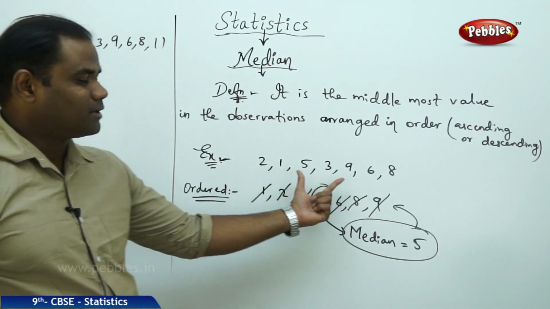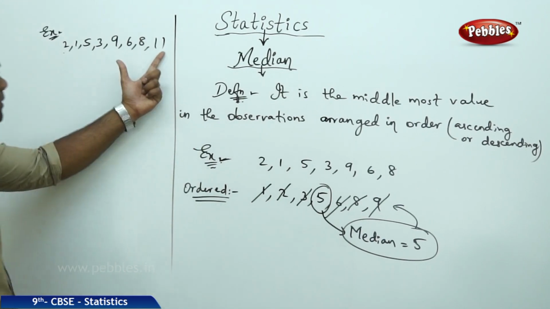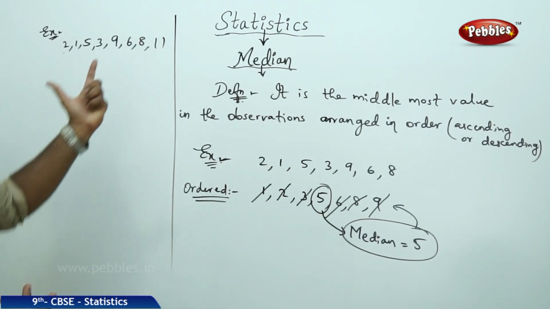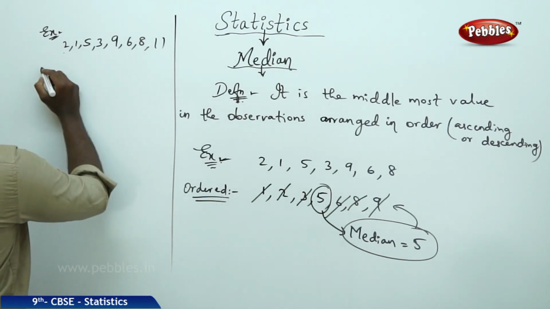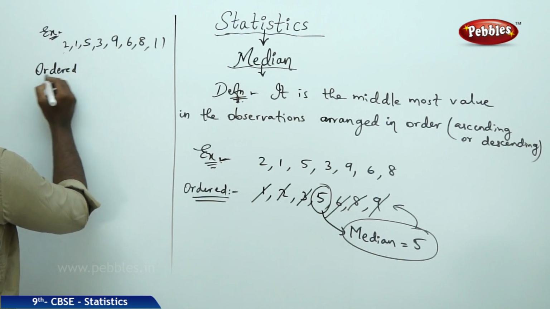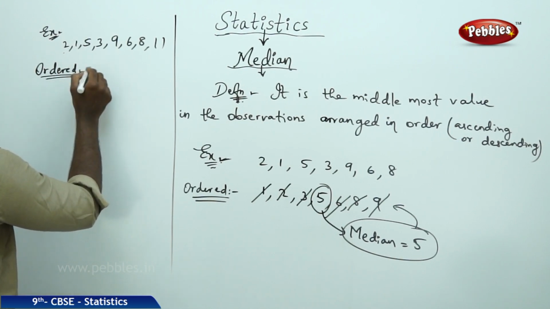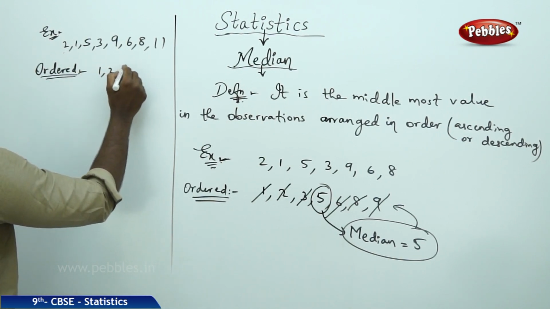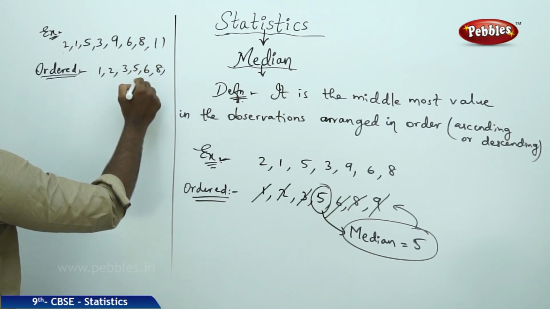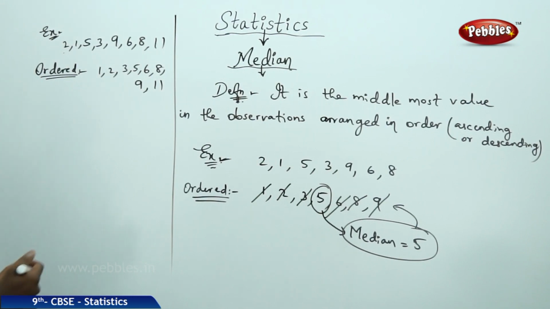Now this 7 observations is added up with the 8th observation 11, and let's see how the median is understood for this. The first thing I do is I put them in order: 1, 2, 3, 5, 6, 8, 9 and 11.